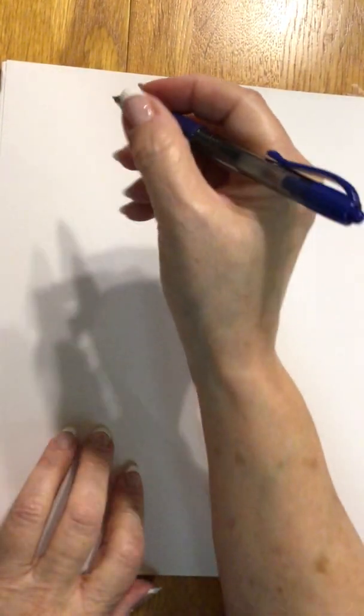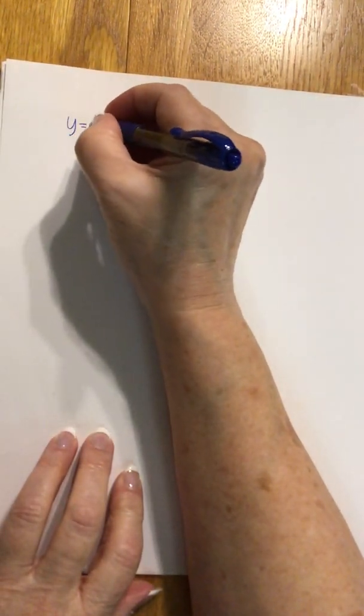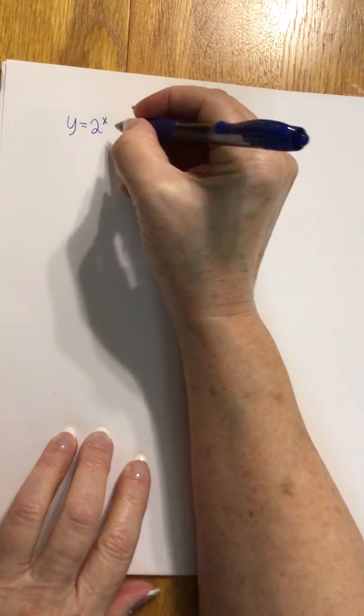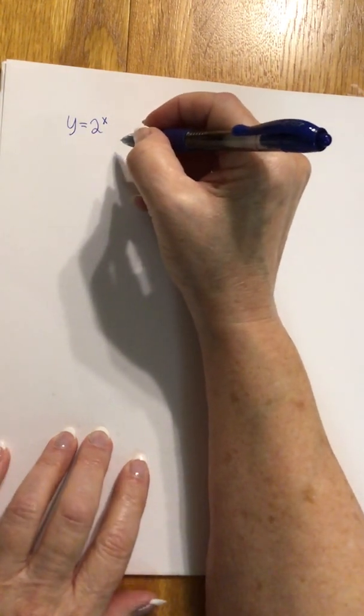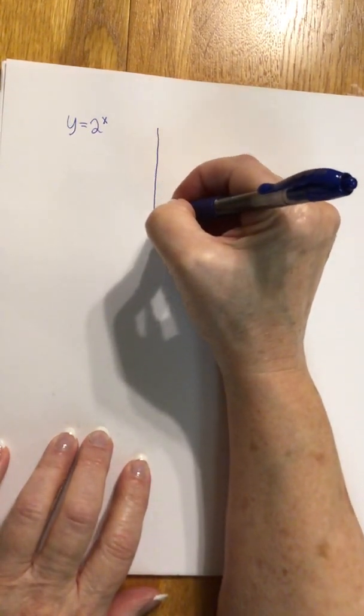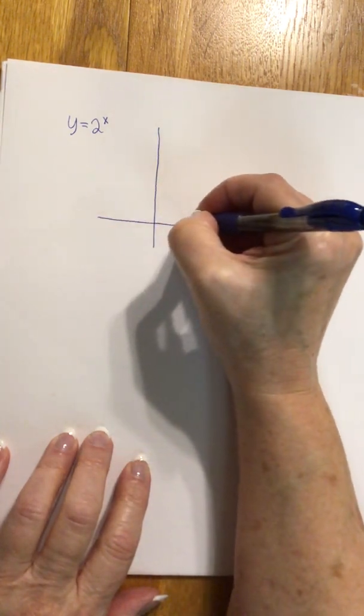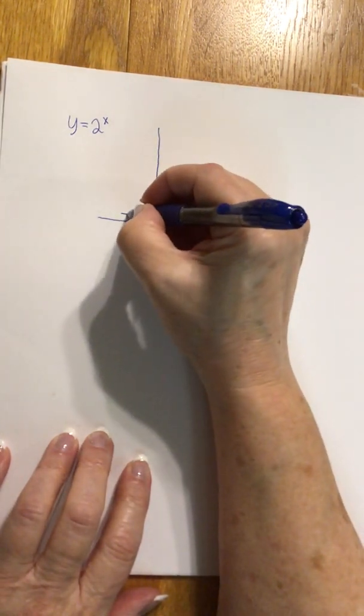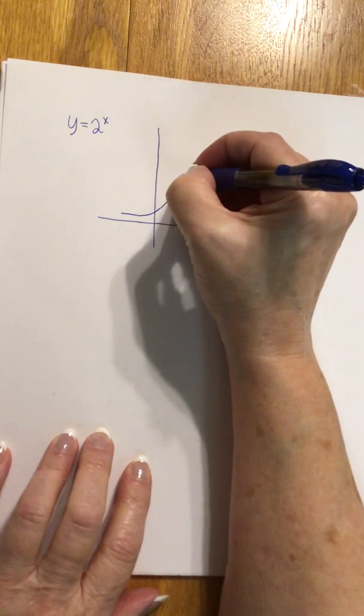Okay, let's look at some other transformations. If I start with y equals 2 to the x, we can graph that one just as we graphed the other one. So we know this graph is going to look something like going up here like this.